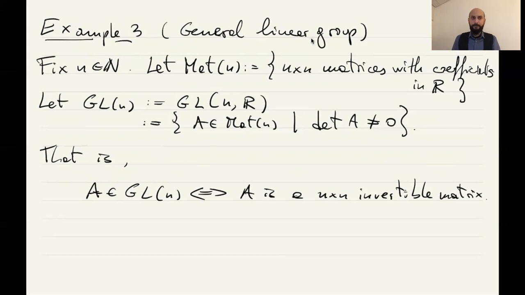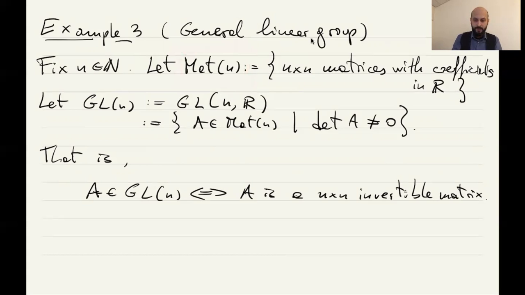Now we want to see this set GLn as a topological group. So we have to clarify the topology and clarify the group operation. Let's first understand the set of matrices as a topological space.